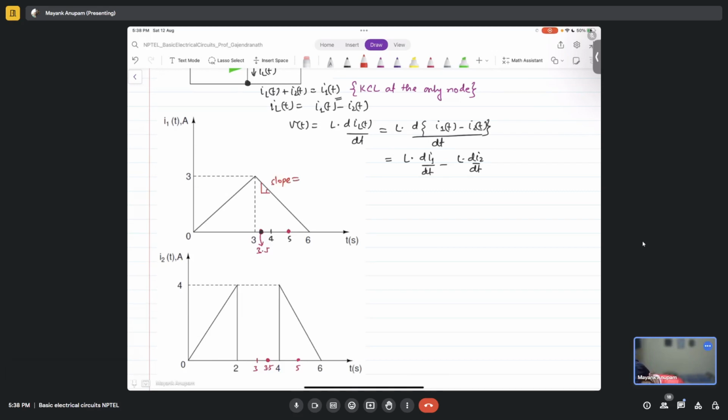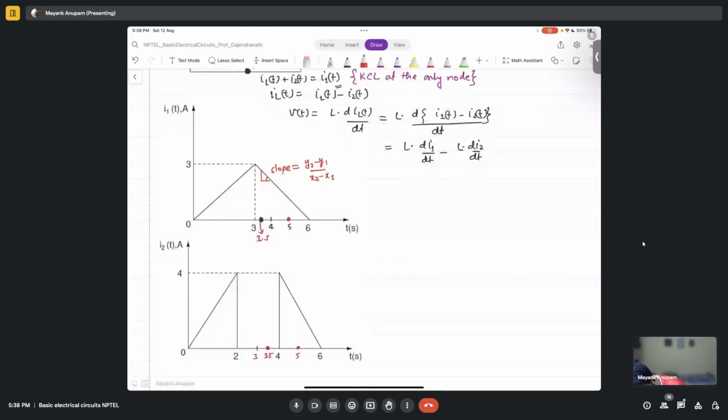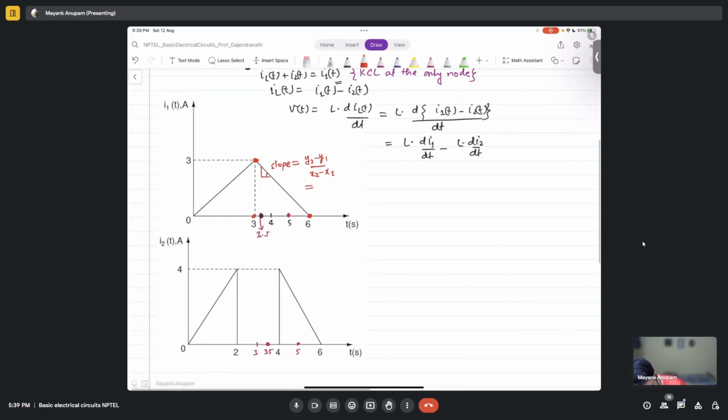Slope is y2 minus y1 divided by x2 minus x1. So let's choose a point. Since it is a straight line, its slope is constant from this point till this point, right? Let's select any 2 points here, 6 and 3. What is y at 6? 0, minus y at 3, which is 3, correct.